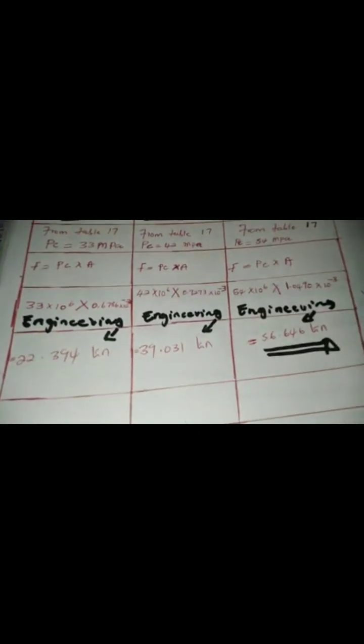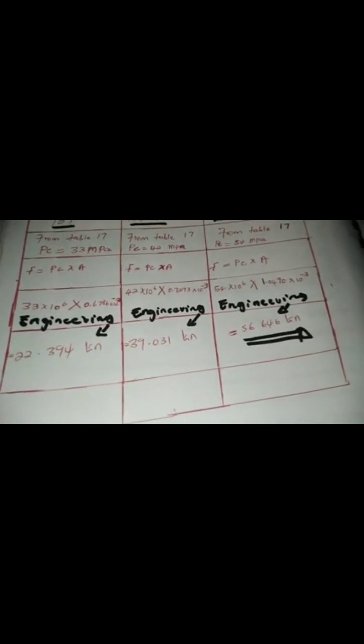So it's 5.1 divided by 30.6. And now the answer is going to give you 167. And then you go to this one, again L over R.